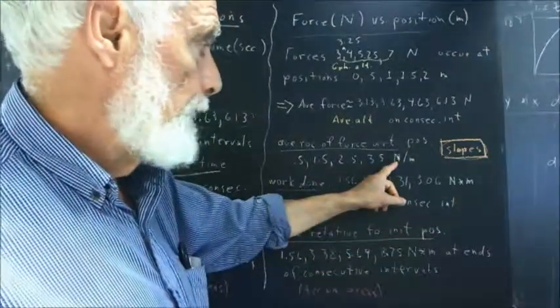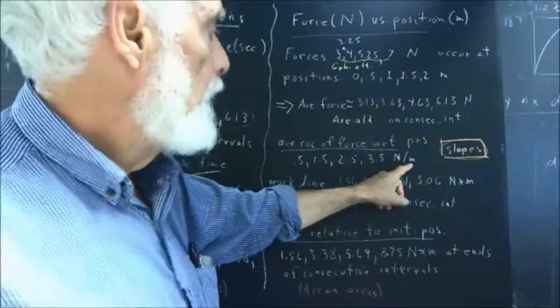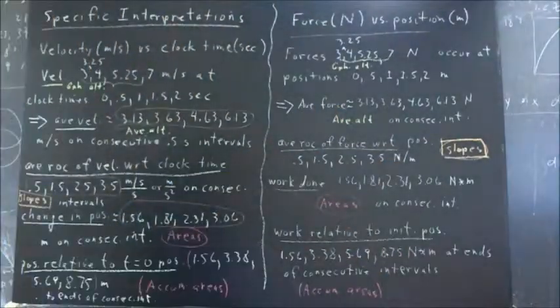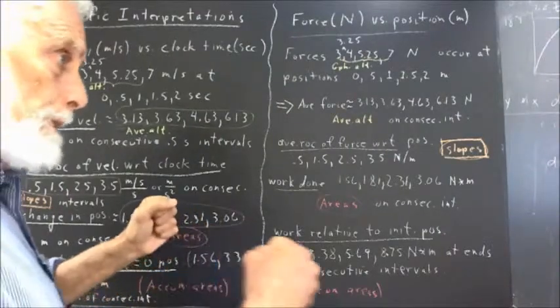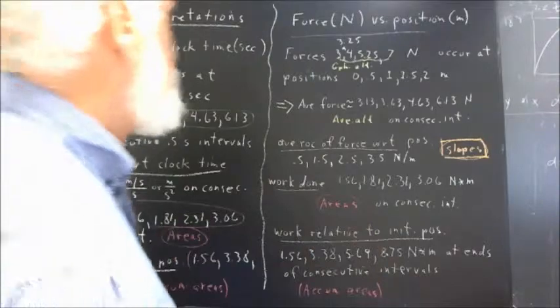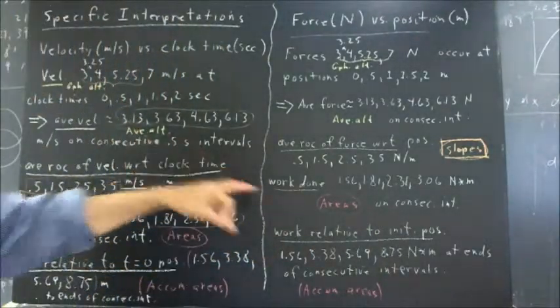Dividing change in force in newtons by change in position in meters, we get these average rates of change of the force. Pulling something apart, it's the average rate at which it's getting harder and harder to pull them. Okay, work done.